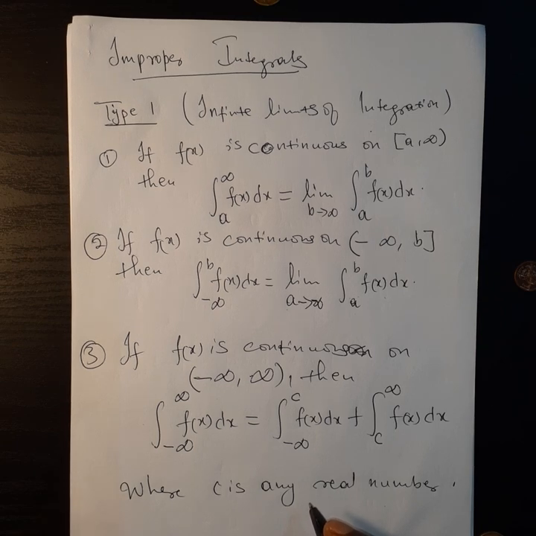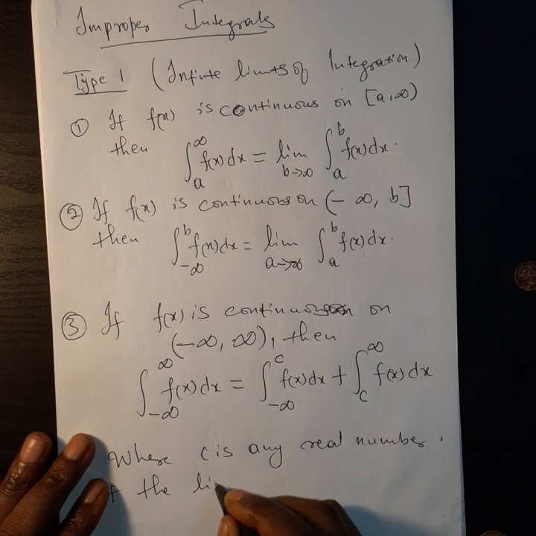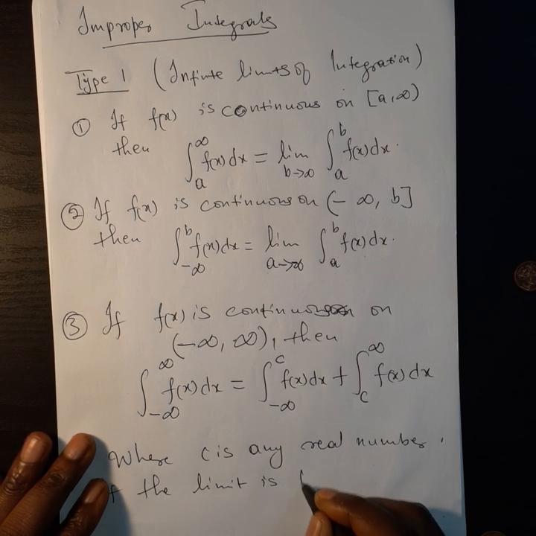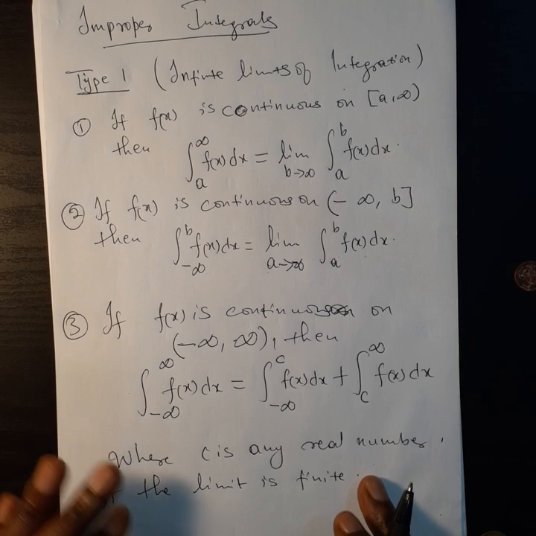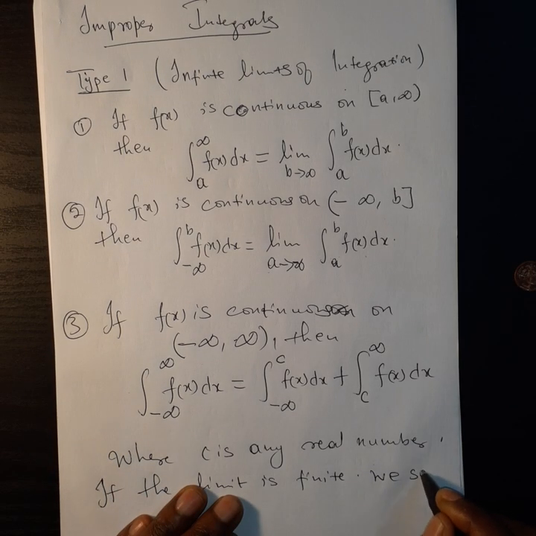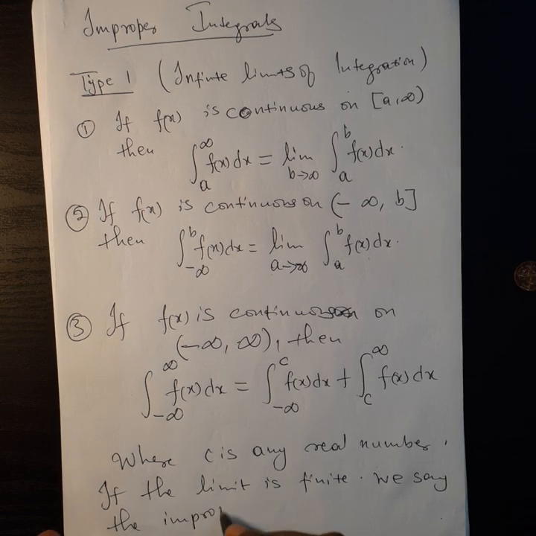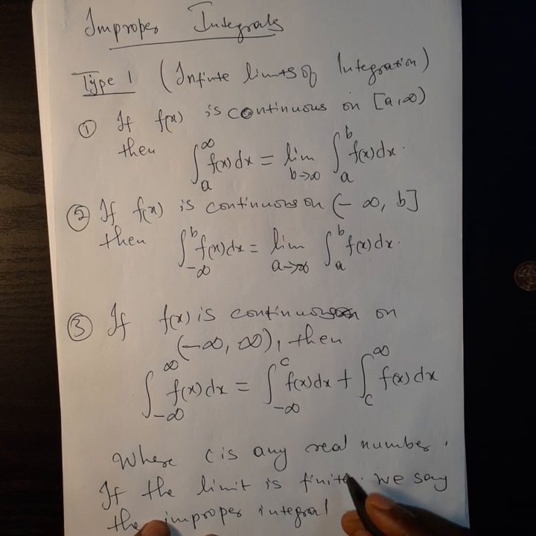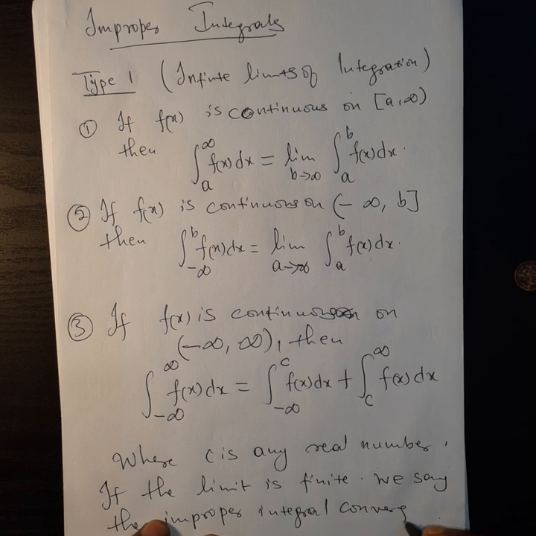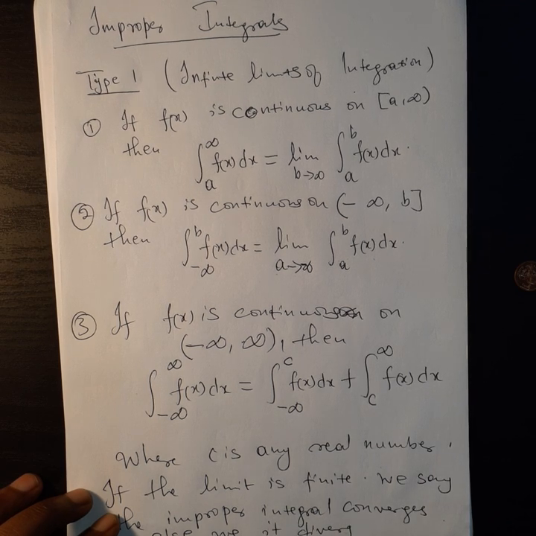In this case, c is any real number. One other thing that is of importance is that if the limit is finite, in other words, when we evaluate this, we get a number which makes sense, we say that the improper integral converges, else we say it diverges.